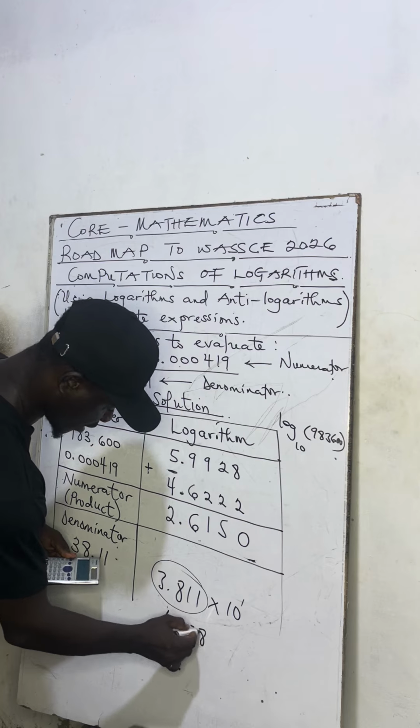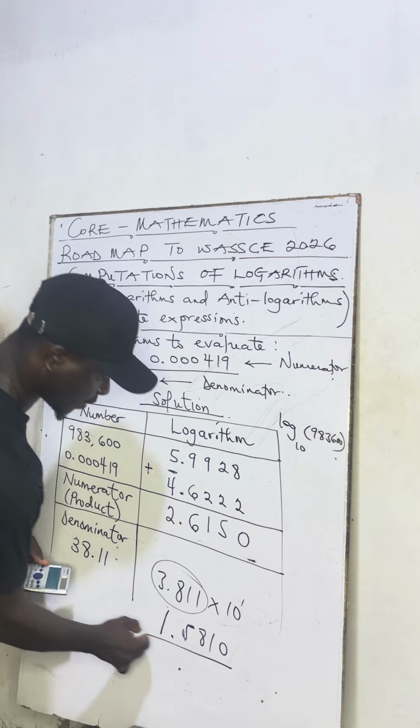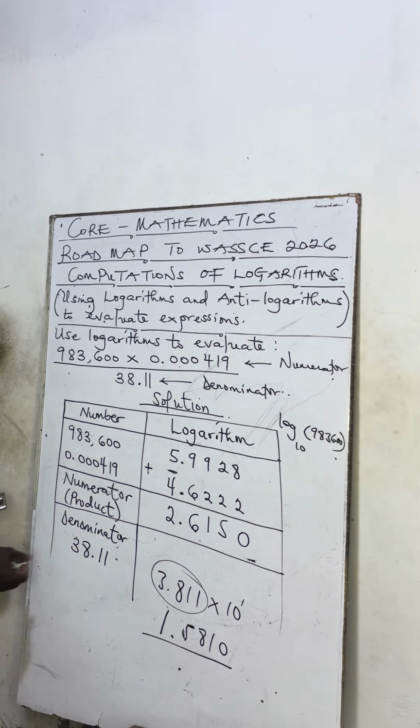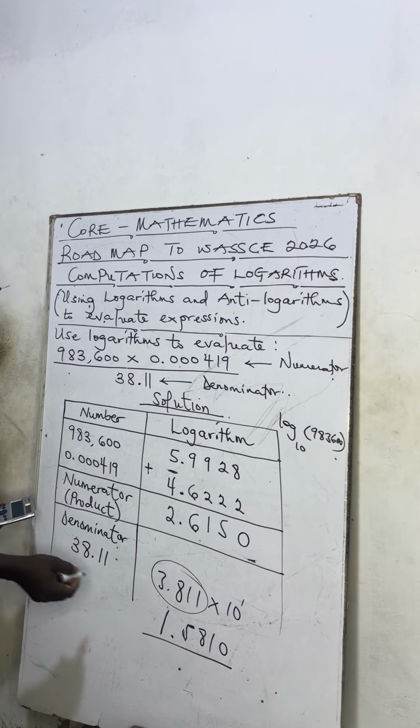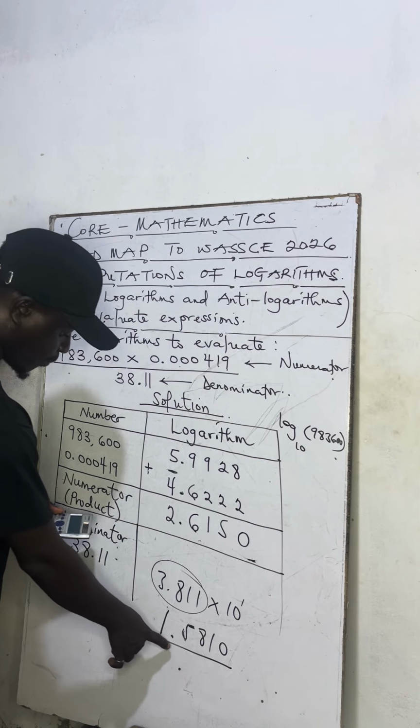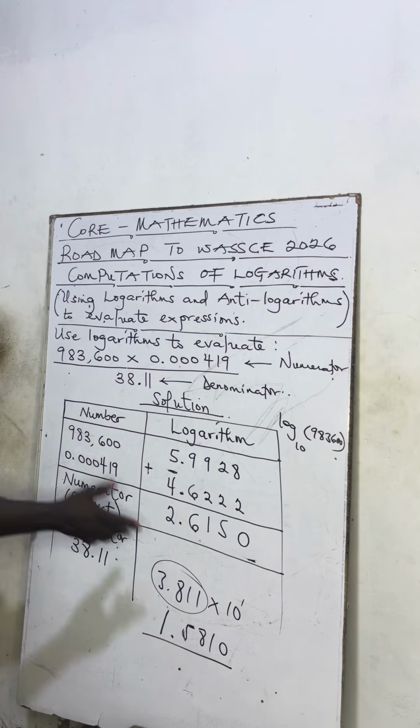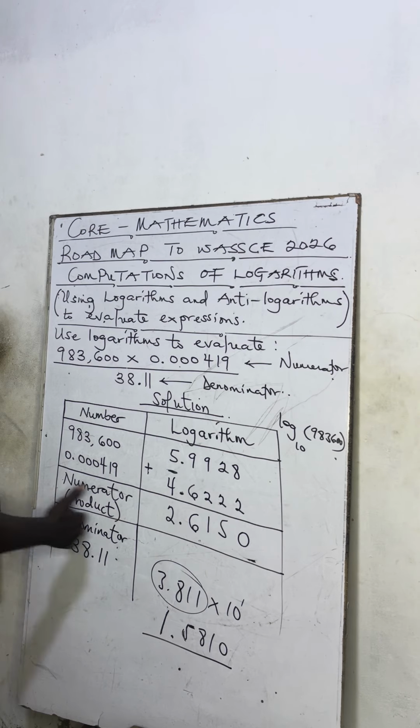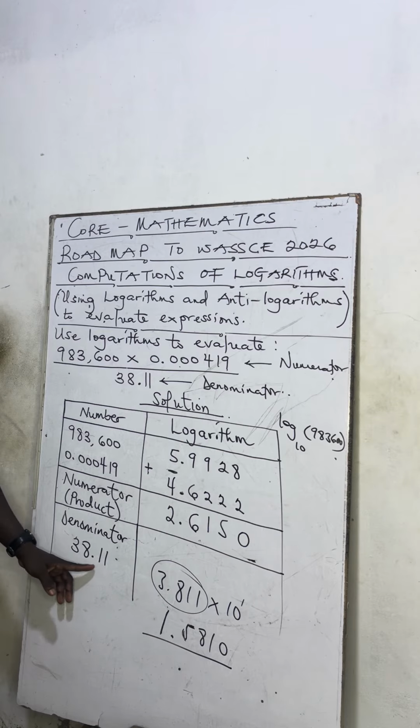Or better still, you can punch the whole of log of 38.11 and the answer will give you 1.5810, the same thing. So whether you change it to standard form or you punch the whole of that, mind you, 38.11 is greater than 1.